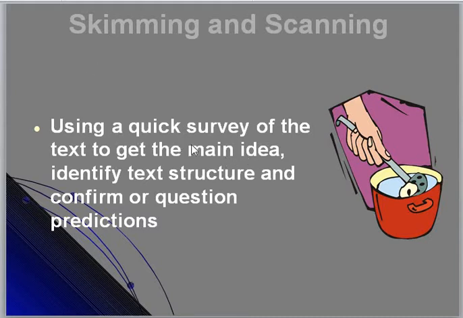Skimming is used to get the main idea, just having a look at the passage, reading the first sentence and the last sentences of the passage. And you can ask them to identify text structure and confirm their predictions. So skimming and scanning are the two strategies which you can employ for reading purposes.